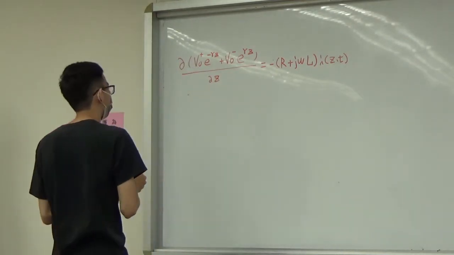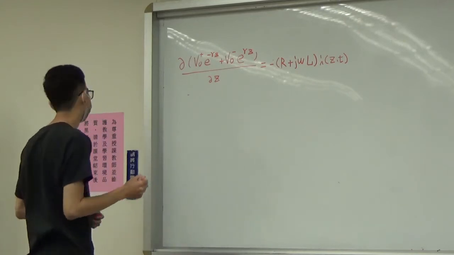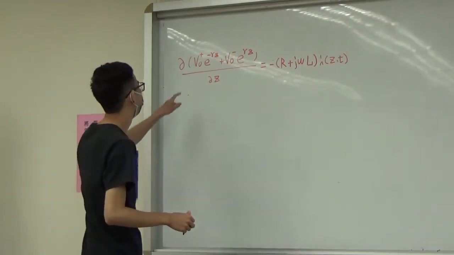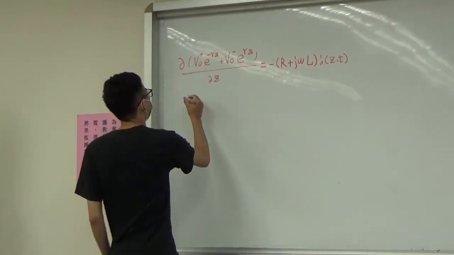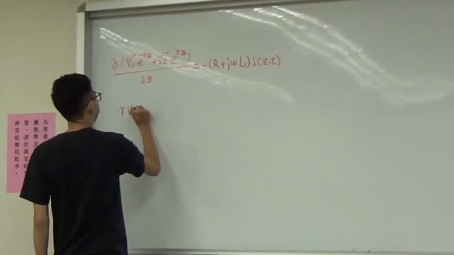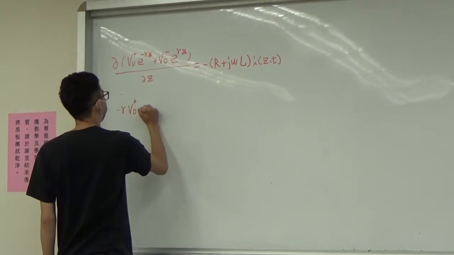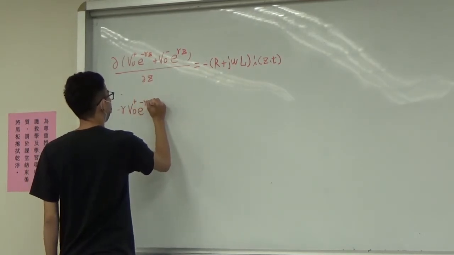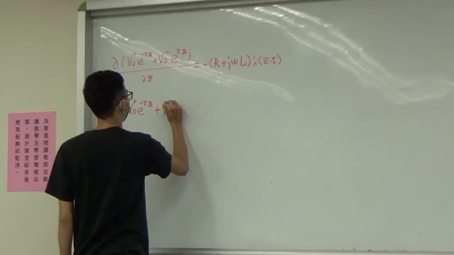Then do the first part. I give you 5 points. You just derive all that. So just write down, do the first partial equation.